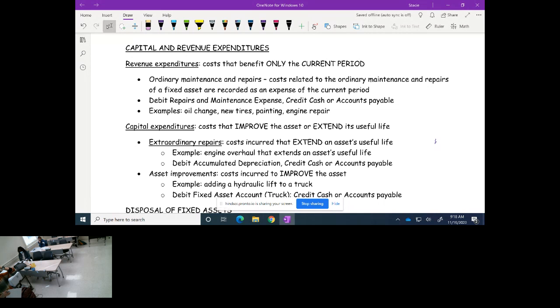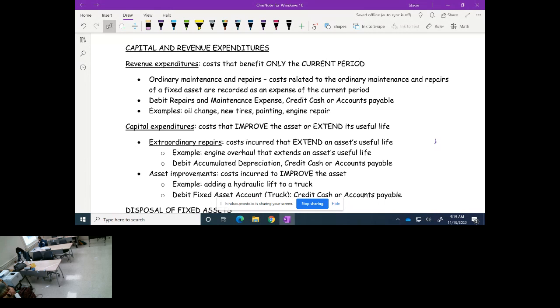Okay, so the next thing we're looking at is capital and revenue expenditures. Revenue expenditures are essentially expenses. Those are things that you're not going to add to the cost of the asset because it's just maintenance, or maybe you're fixing something that's broken. It's not really a major thing.